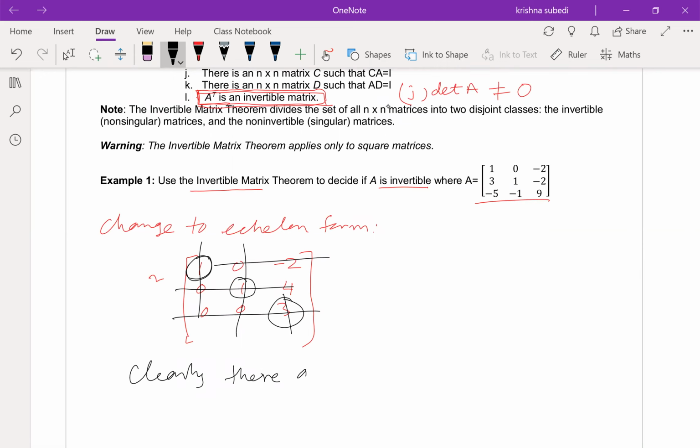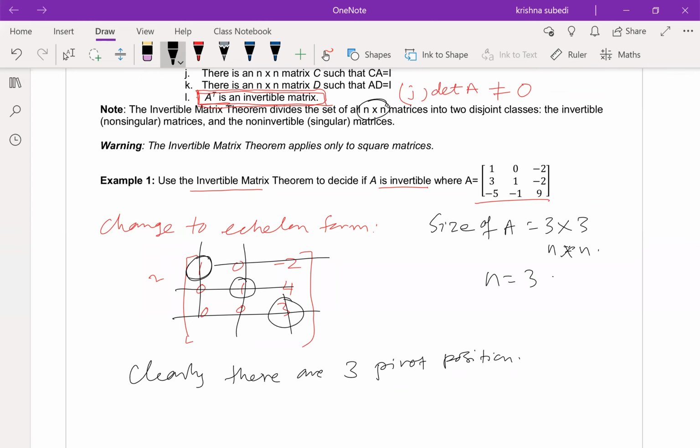Clearly there are 3 pivot positions. Remember, A is what? The size of A is 3 by 3, right? So this is n by n, so n equals 3.